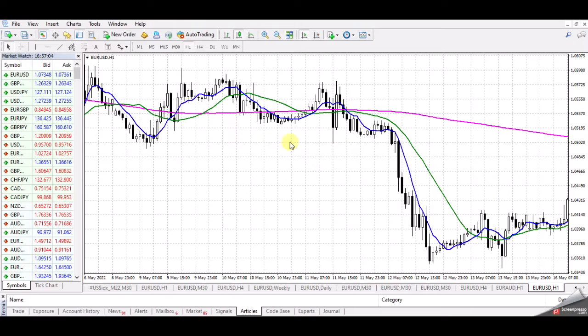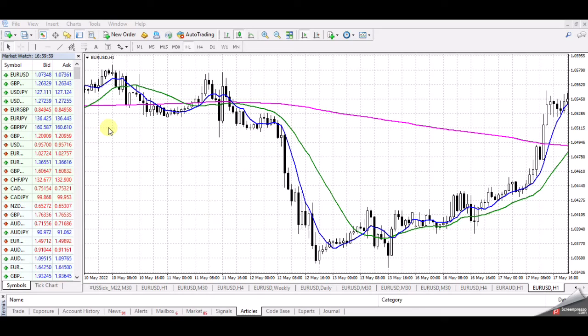Here, we are at a downside period. The market is going down. What's happened? Take a look. What happens when we have a bear market?